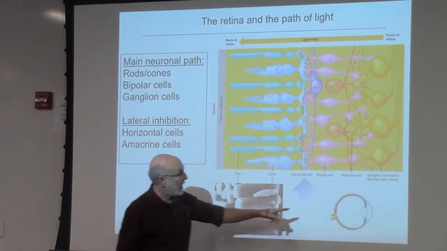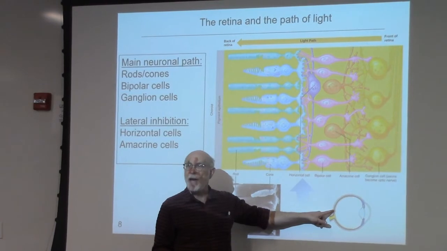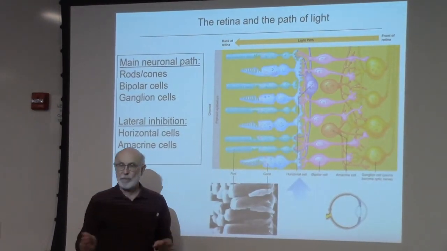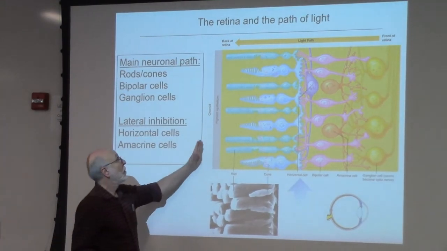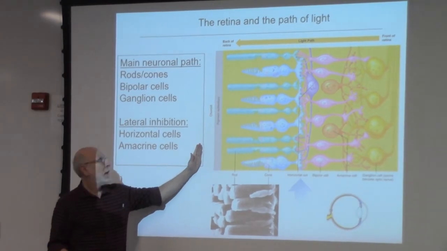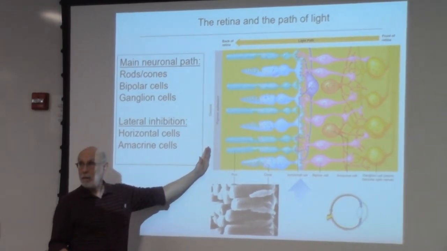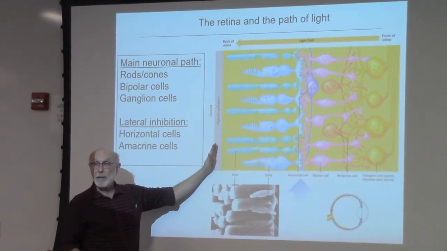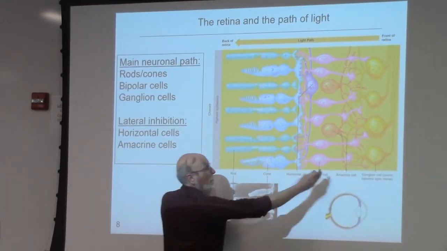In fact, we're zooming in on a part of the eye that is near the fovea, where we have rods and cones. So at the back of the eye is the sclera, then the choroid, moving towards the front of the eye, sclera, choroid, pigment epithelium, and then retina proper.